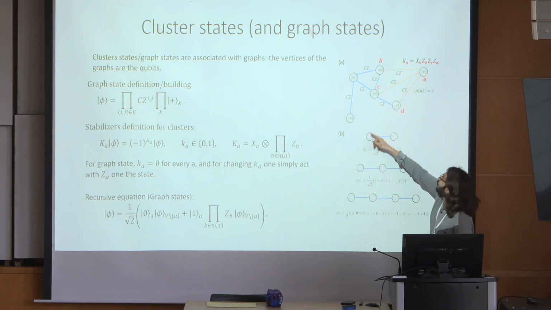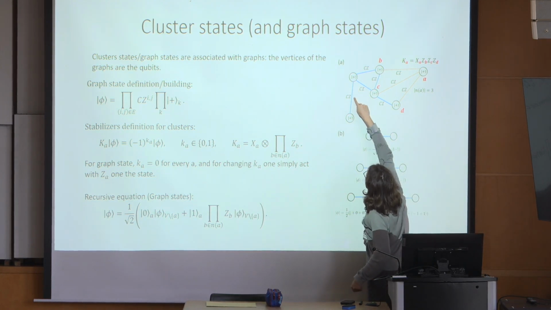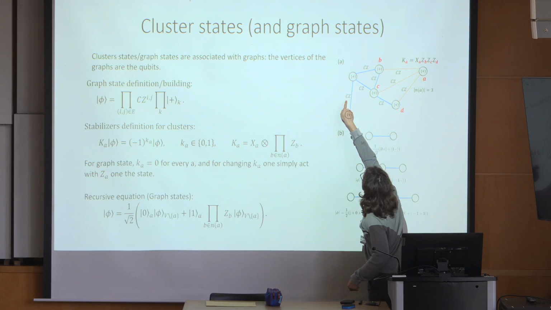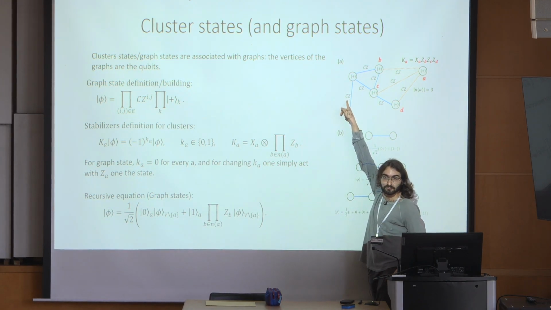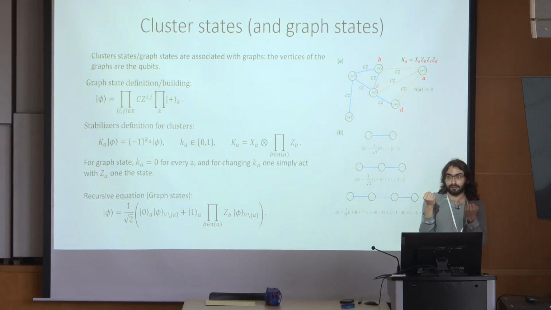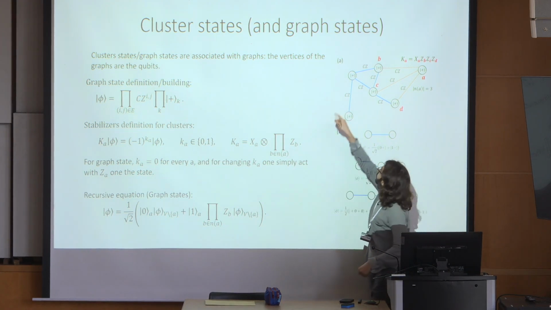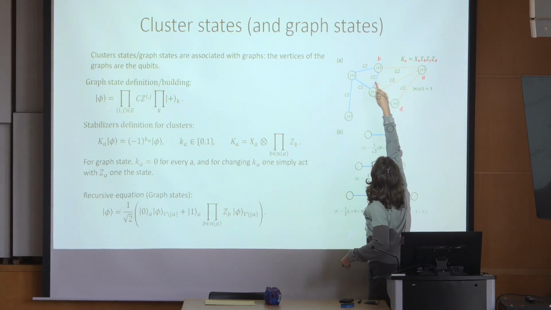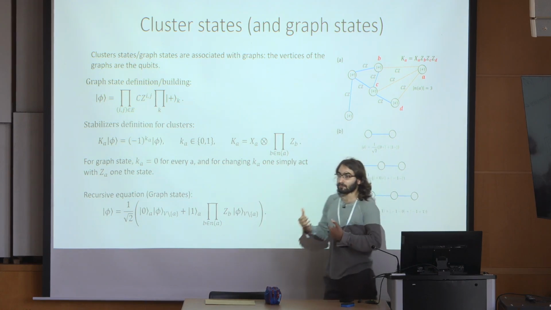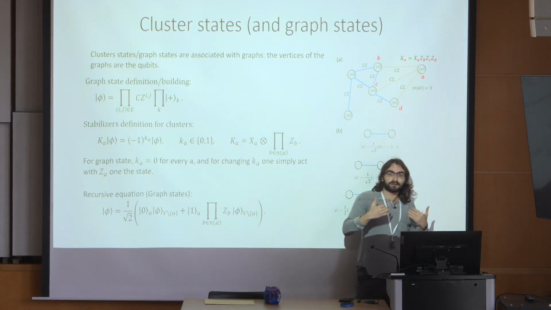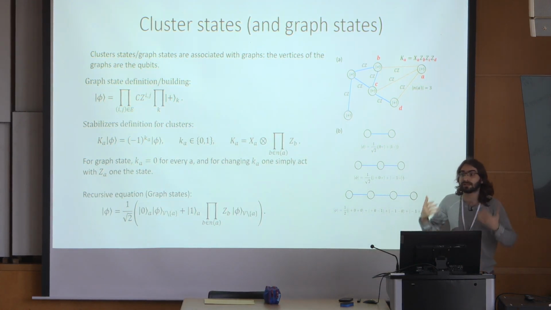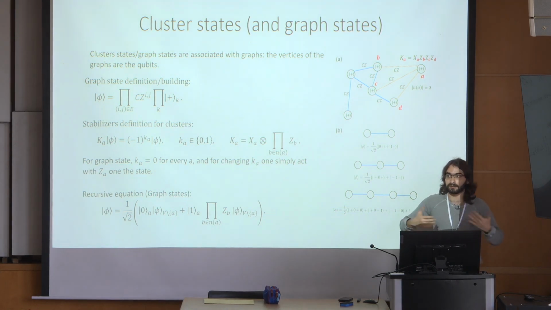And then on every 2 qubits that are connected by an edge in the graph, I operate with a CZ operator, which creates some entanglement between them. The order of those CZ gates doesn't matter because they all commute with each other. And this just defines the graph state, which is my resource state that I built beforehand.